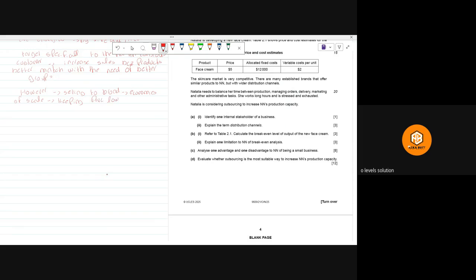Okay, so if the CB starts tailoring the products for different segments, production and marketing costs may increase. With segmentation, they have to make different products for different groups, and they have to change the marketing strategy for the different groups. So marketing costs will increase, production costs will increase.